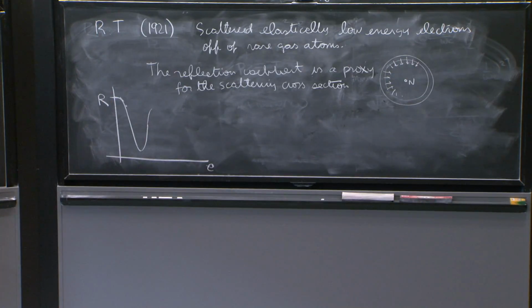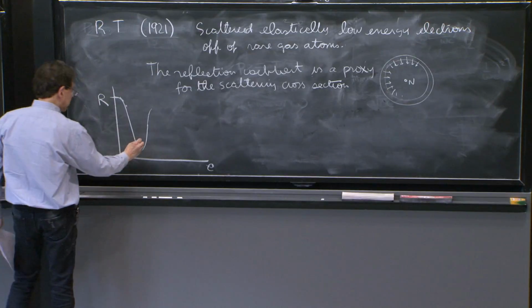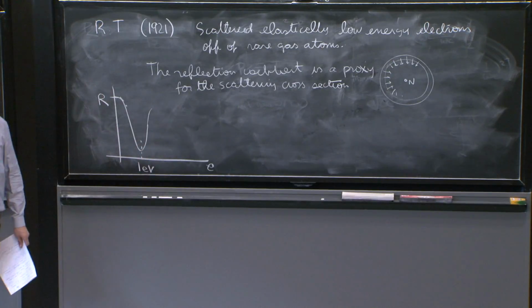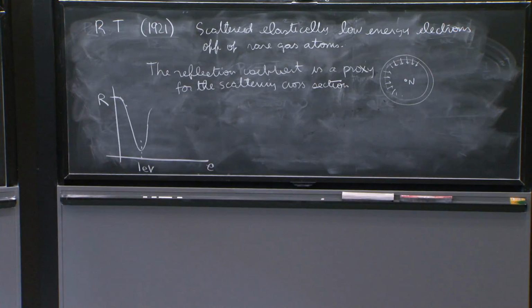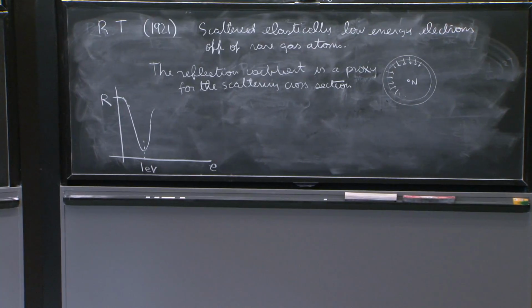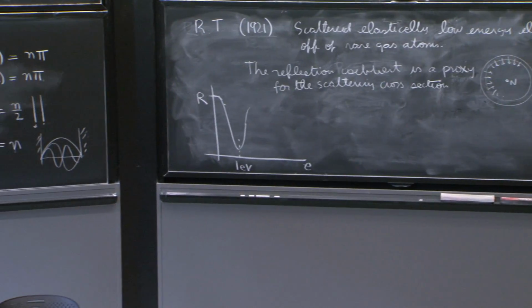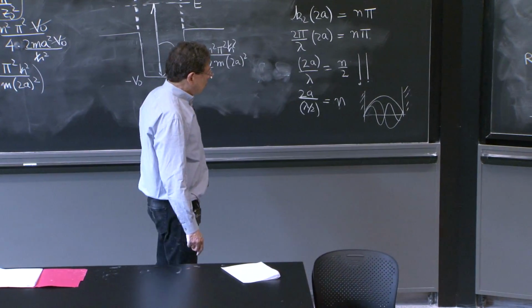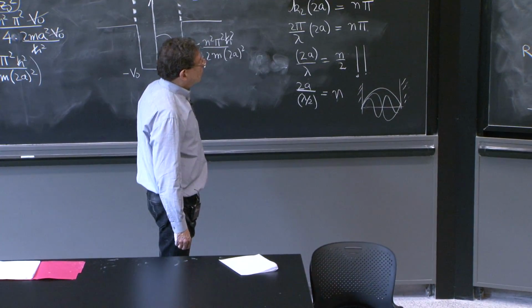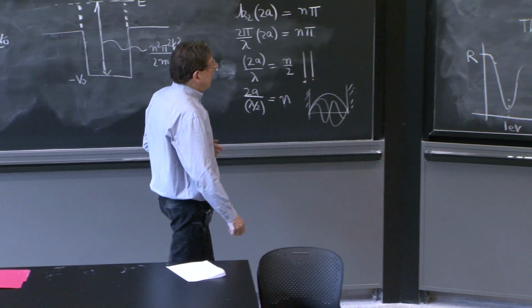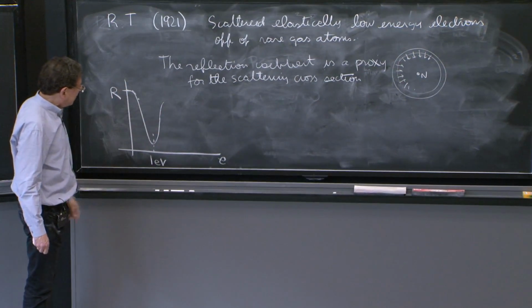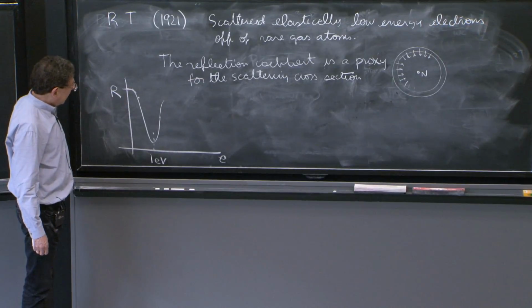They found that for electrons with about 1 eV, that's very low energy electrons, but they're going pretty fast. A 1 eV electron is going at about 600 kilometers per second.